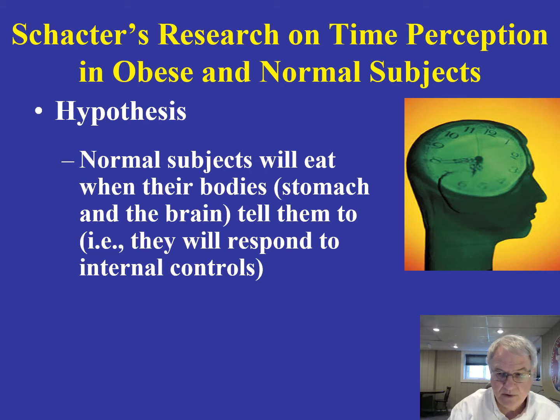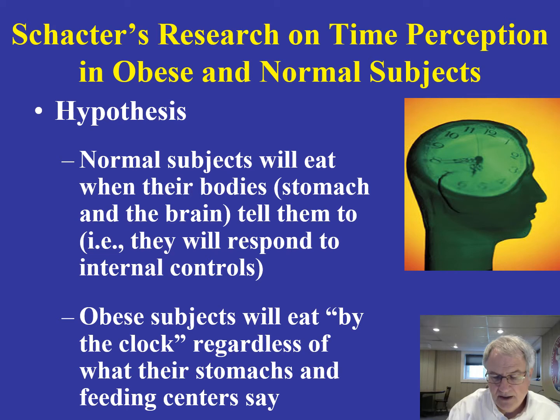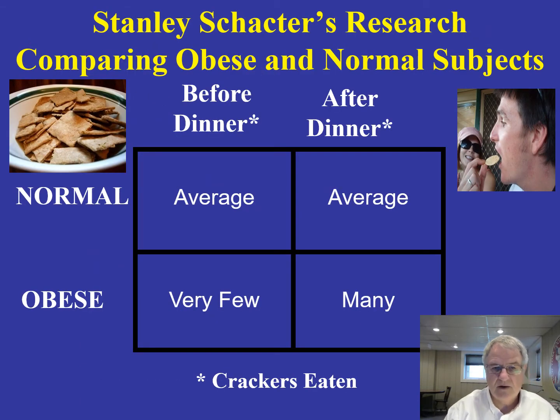So again, they're responding to internal biological controls. On the other hand, he says obese subjects, I think, eat instead by the clock. They really don't depend so much upon their stomachs and their neural feeding circuitry. And he set out to try to examine this hypothesis with a really interesting experiment.